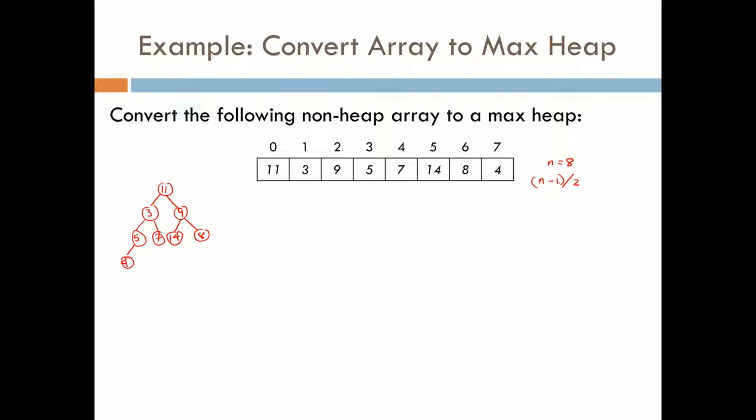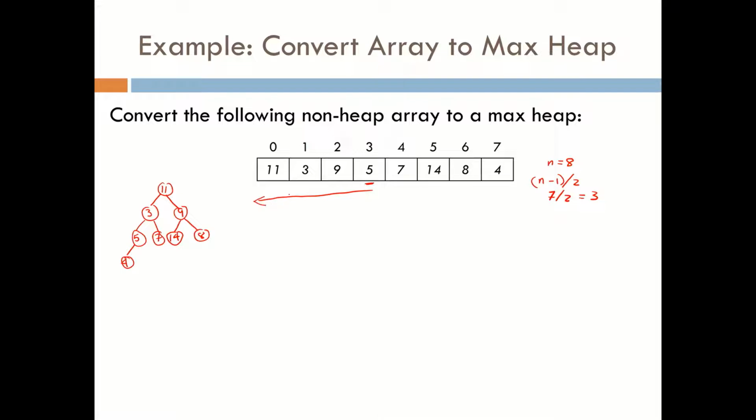So this is 8 minus 1, which is 7, integer divide 2, which is 3. And so this is the point at which we begin, and we will move toward the root. We will heap all of these nodes down.